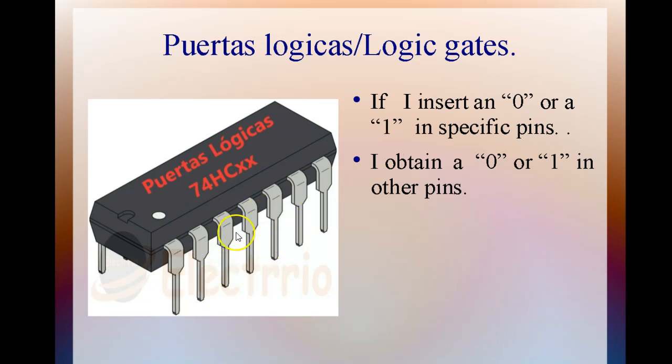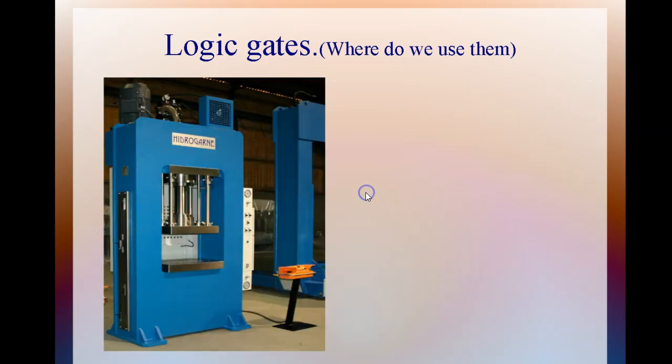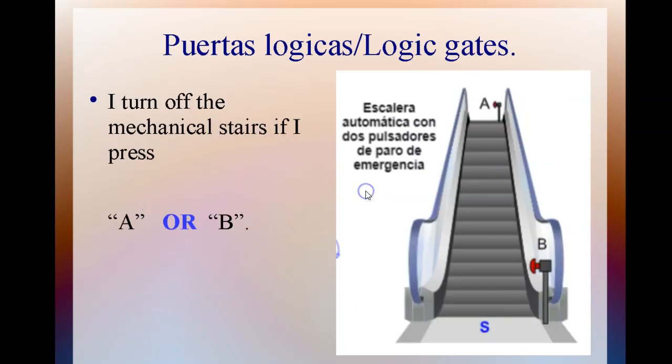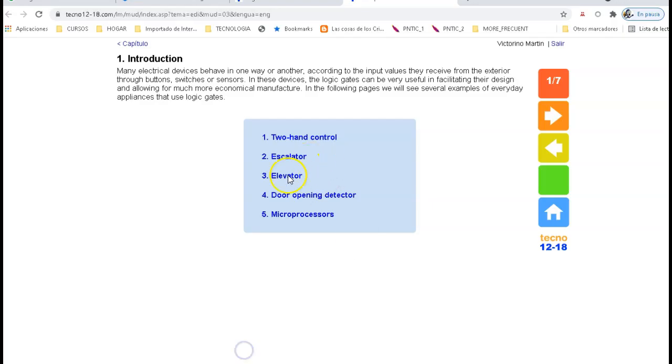Depending on the inputs, I have a different output. In this case the inputs have some schedule, and in this one another schedule, but the idea is the same. So this is what we are going to cover here in different examples. The next one is the elevator. We will cover it through the mini unit.